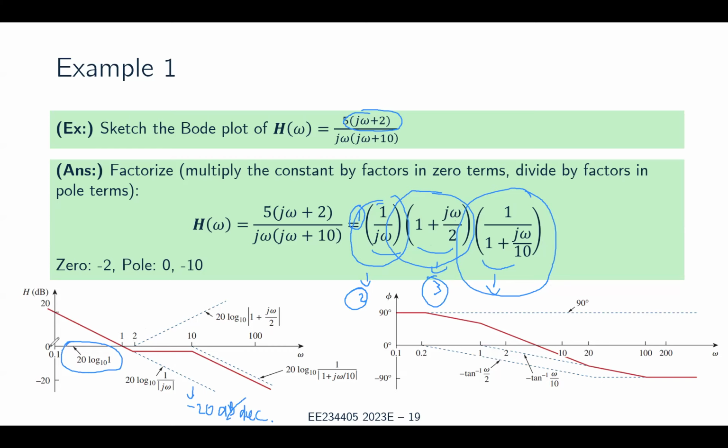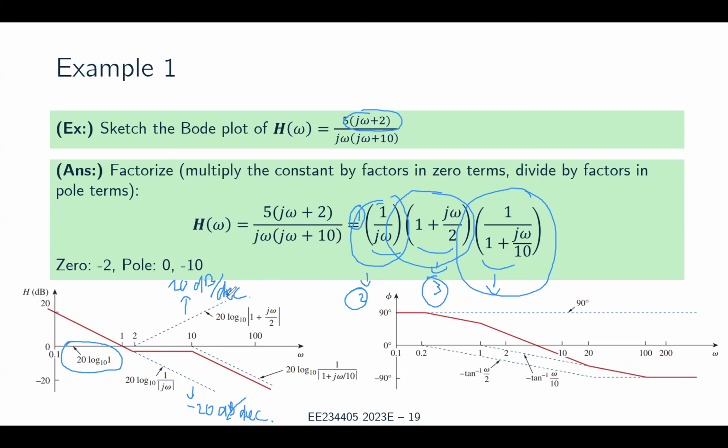So it's a straight line, and then at 2, it goes up with the rate of 20 decibels per decade.